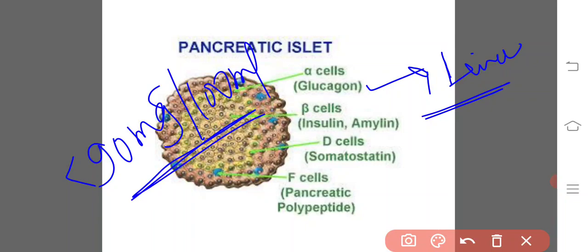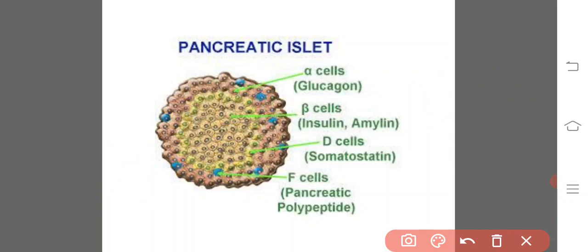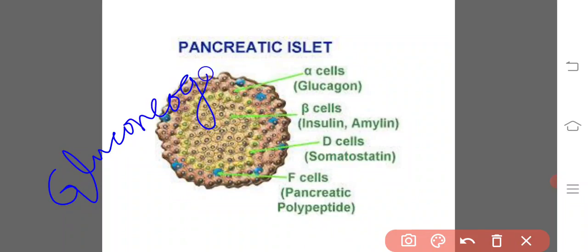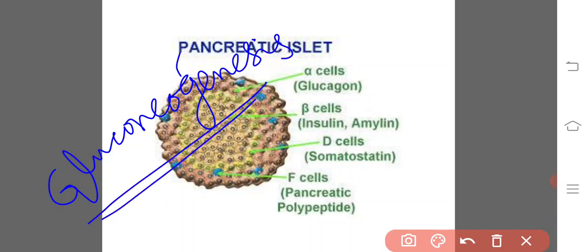That stimulates the breakdown of glycogen into glucose. Otherwise, it may promote the conversion of amino acids and fatty acids into glucose. That is called gluconeogenesis. So there are two processes in the enhancement of glucose levels in the blood by the glucagon hormone. One is glycogenolysis, the breakdown of glycogen into glucose.